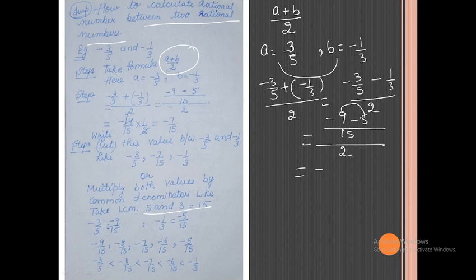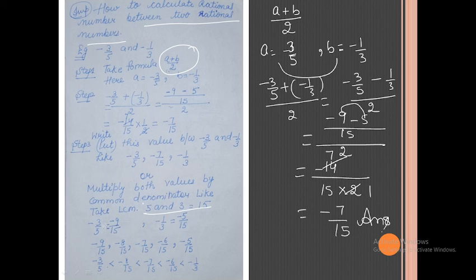Minus 9 plus minus 5 is minus 14. The sign will be taken from the greater amount. Divide by 15, multiply by 2. 2 ones are 2, 2 sevens are 14. Now we get minus 7 by 15, that is the number which will be between minus 3 by 5 and minus 1 by 3.